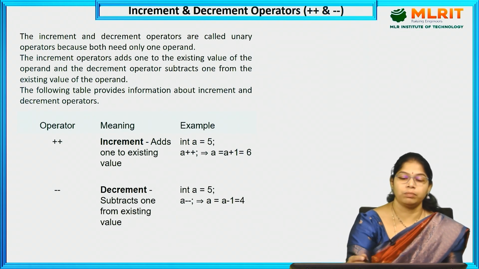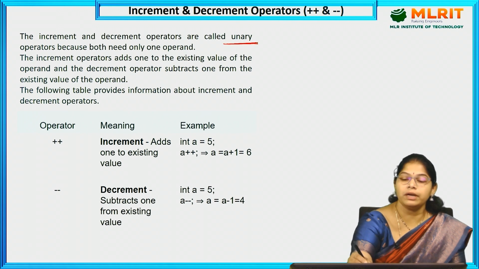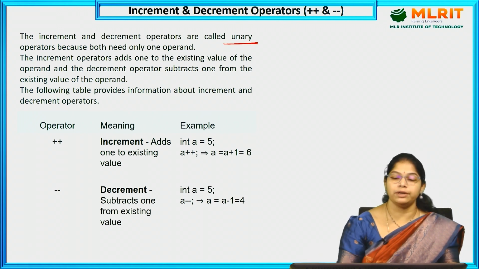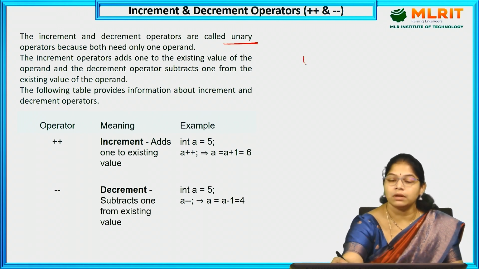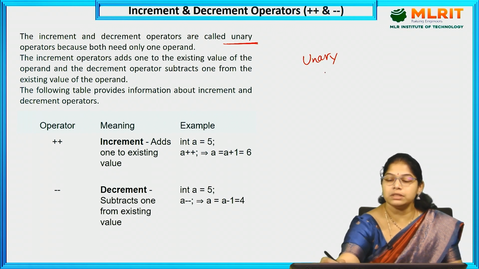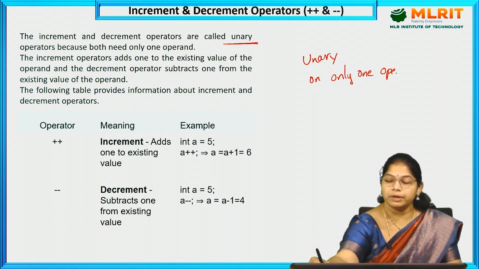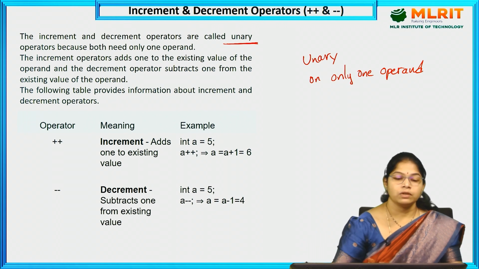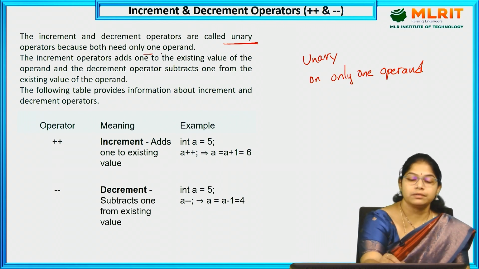Increment and decrement operators. Increment and decrement operators are called the unary operators. Unary operator means it performs the operation on only one operand. So it needs only one operand.